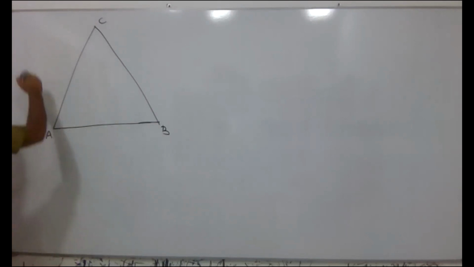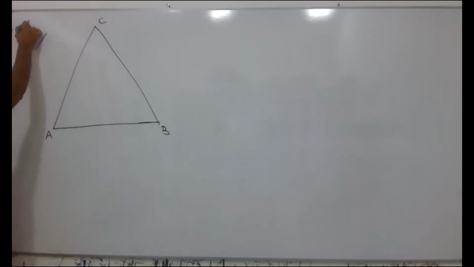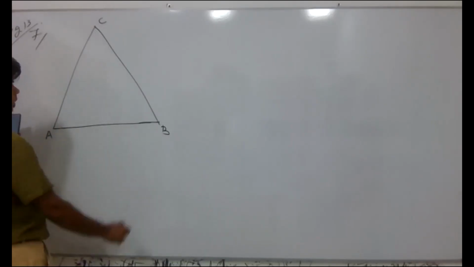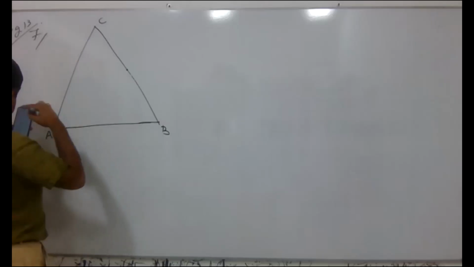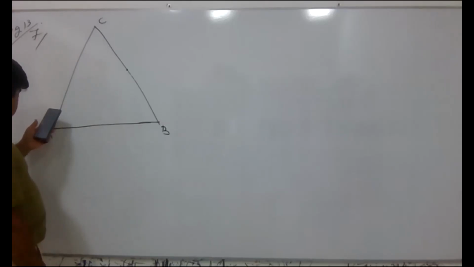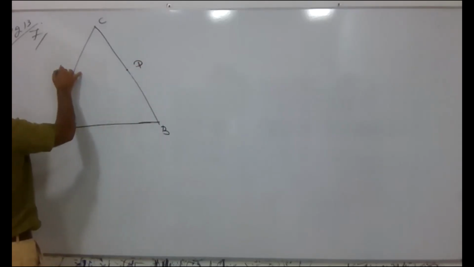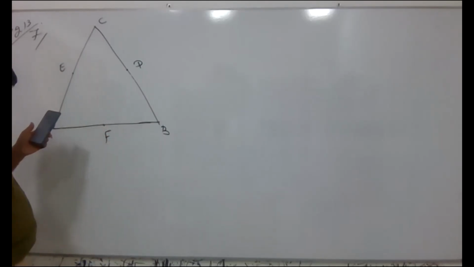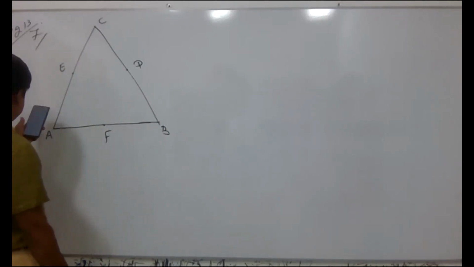This is question number 7, page 13. Now, D, E, F are the midpoints of the sides BC, CA and AB.